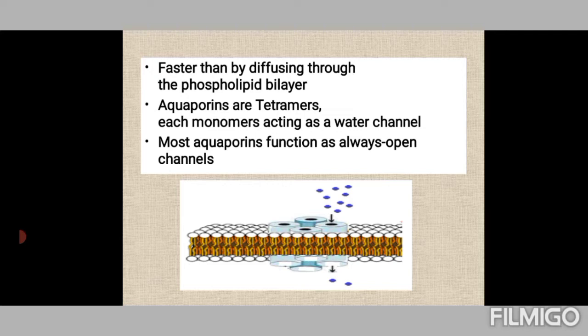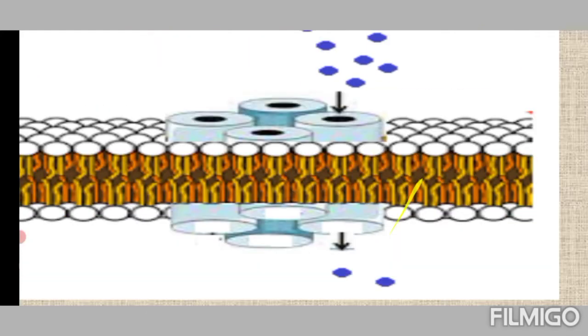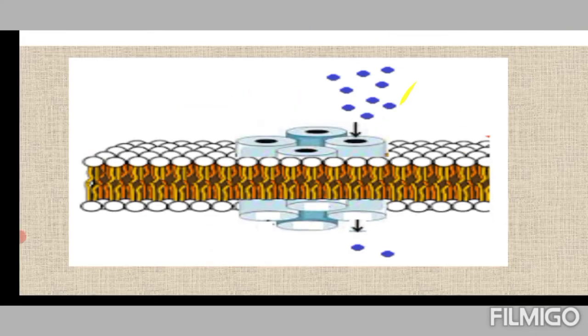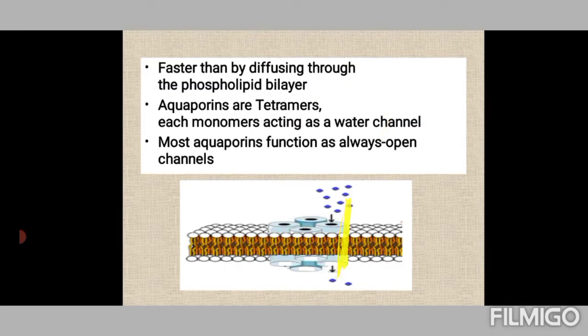And structurally, aquaporins form 4-part clusters or tetramers, as you can see here. They are tetramers embedded in the cell membrane, with each of the 4 monomers acting as a separate water channel. As you can see, this acts as a single separate water channel.